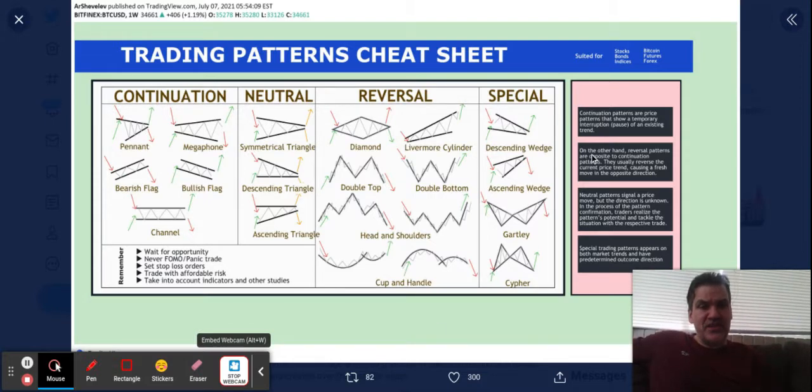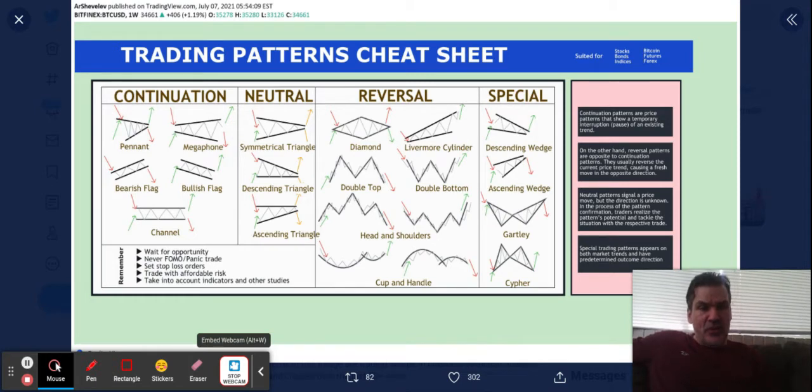So you have a continuation pattern. You say here, continuation patterns are patterns that show a temporary interruption in the existing trend. We get that in Bitcoin all the time. We get continuation and consolidation patterns all the time in Bitcoin. Now, the reversal pattern is the opposite of that, okay? It reverses the current trend, causing a fresh move and a reset typically in the underlying chart, all right?